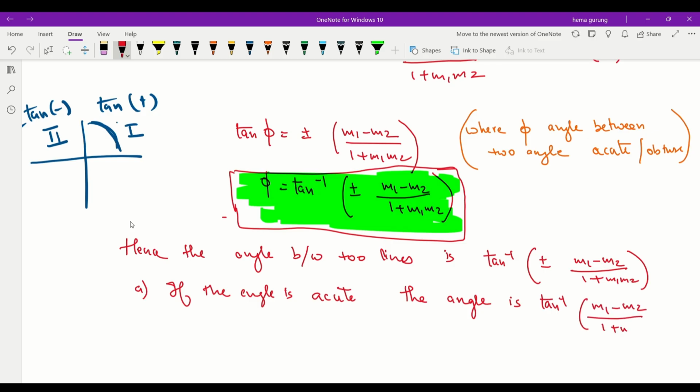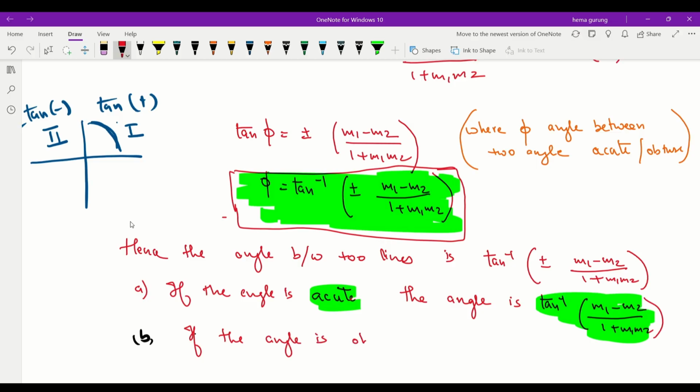Basically we'll take the positive. Acute means first quadrant, and in the first, tan is positive, so we keep it positive. And if the angle is obtuse, which lies in the second quadrant, the value will be negative.